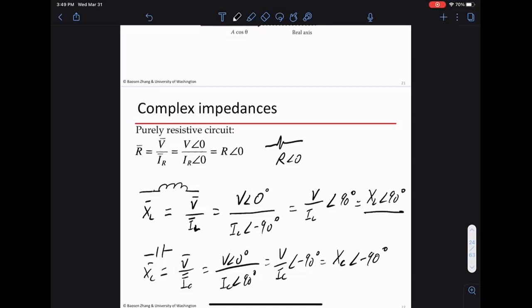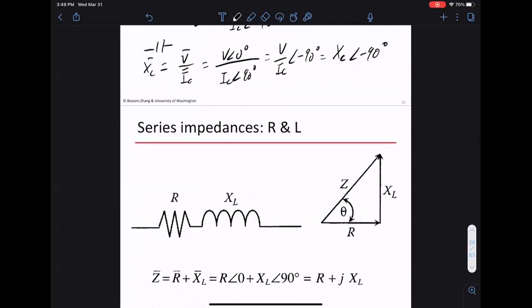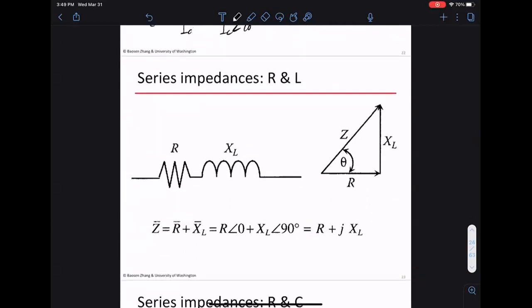So once you have those complex impedances, things are really just complex algebra. So you have R and L, their impedance just adds. This is exactly the same as when you have two resistors, except now instead of a real impedance we're just adding two complex numbers, a real part and an imaginary part.